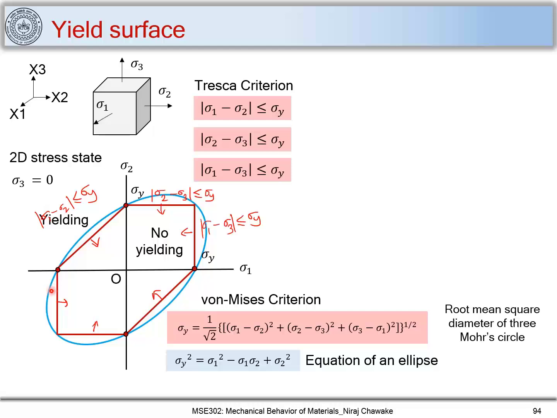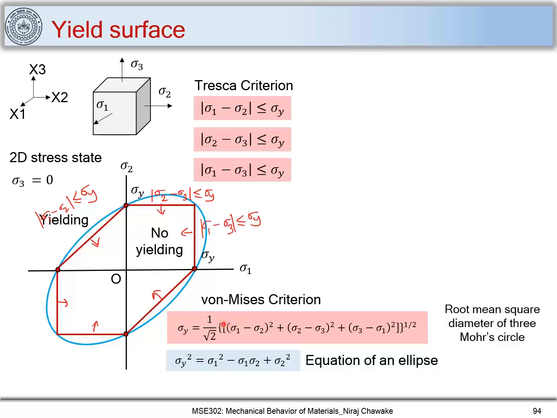Now if you look at this von Mises criteria carefully, you can see that sigma 1 minus sigma 2 is nothing but the diameter of the Mohr circle, and sigma 2 minus sigma 3 is the diameter of the Mohr circle between sigma 2 and sigma 3, and sigma 3 minus sigma 1 is nothing but the diameter of the Mohr circle between sigma 1 and sigma 3.